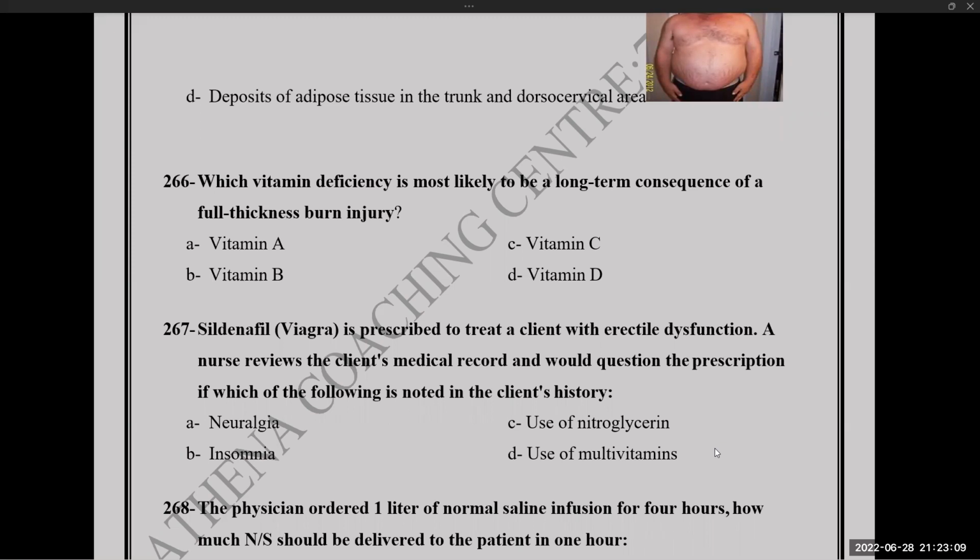And it is not advised in a patient with chest pain, angina, cardiac disorder, renal problem, sickle cell anemia, vision problems.